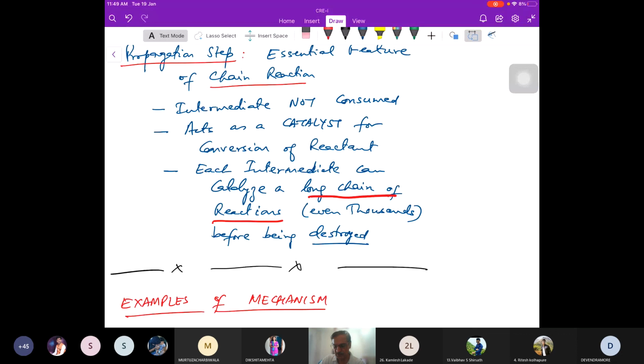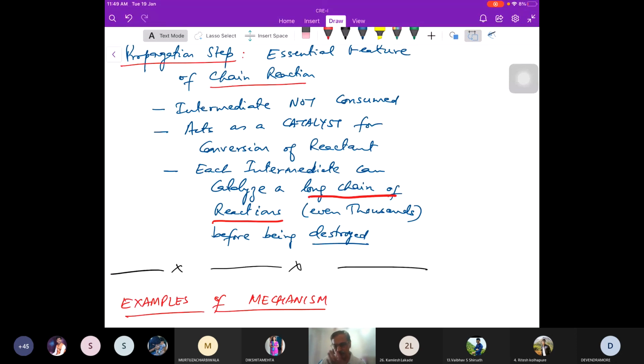So that same thing we are saying. We just say we are proposing a few steps. Out of these 4 intermediates, one of the intermediates is formed in this reaction, and it reacts in these steps, 2 steps or 3 steps, chain reaction or non-chain reaction. Based on those steps, we'll derive a rate equation.